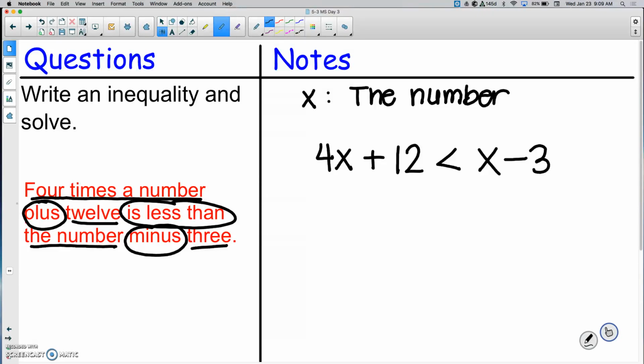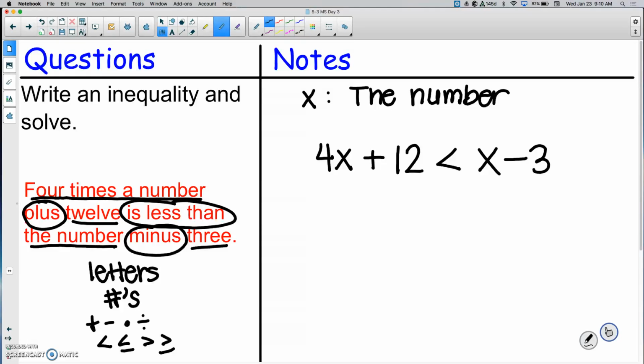Remember that what we need in our equation, we're going to need at least one letter. We're going to need numbers. We're going to need math operations. And we're going to need an inequality symbol. So there's 4 things that we're looking for. Letters, numbers, math operations, inequality symbol.